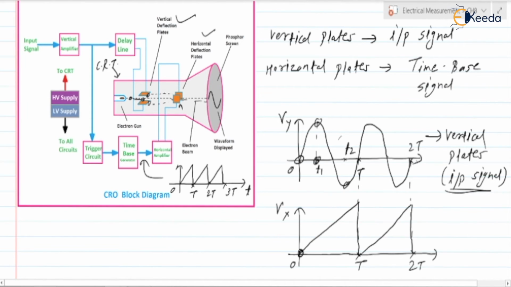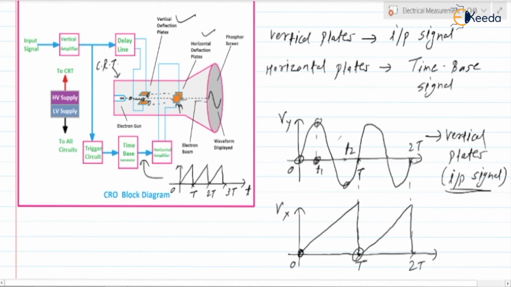Okay, so likewise, if you check from t equal to 0 to t equal to capital T, for the horizontal plate, the electron will be changing its position from the leftmost plate towards the rightmost plate.